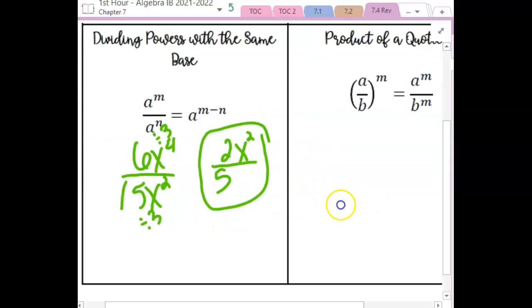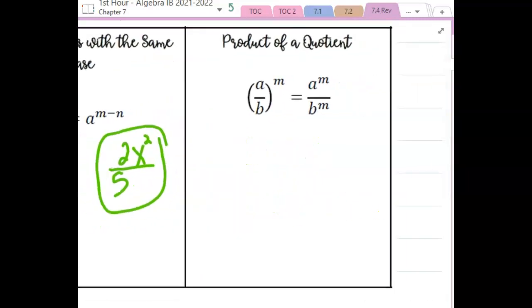The other rule is also pretty simple. It's the power of a quotient, kind of like the power of a product. Everything inside the parentheses gets the power. So everything in the numerator gets the power, everything in the denominator gets the power.